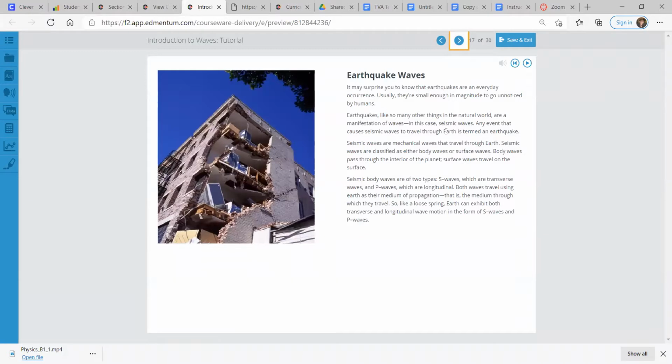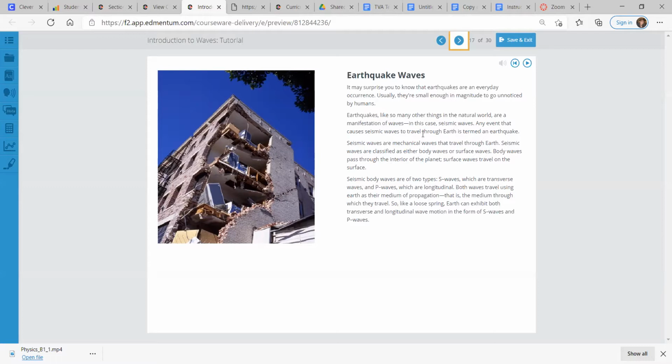Now we're going to talk about earthquake waves in detail. It may surprise you to know that earthquakes are an everyday occurrence. Usually they're small enough in magnitude to go unnoticed by us humans. Earthquakes, like so many other things in the natural world, are a manifestation of waves.